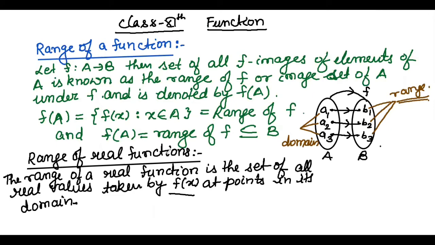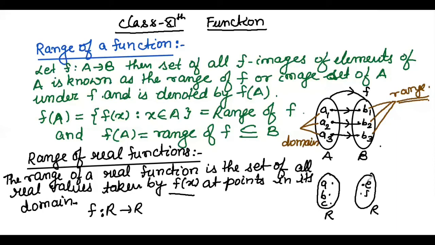Whenever we take real functions, means f from R to R, real numbers to real numbers, we have two sets, R and then R. Elements of R in the first set, A, B, C like that, and elements of the second set, if I'm taking E, F, G. So the elements in the second set which are connected to the first set are called the range of the given function.